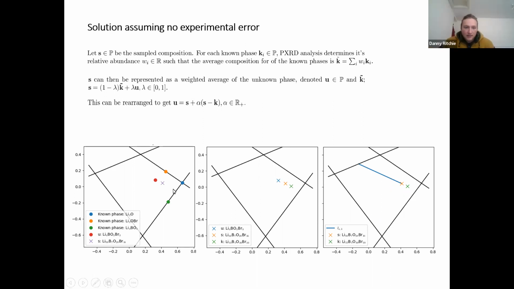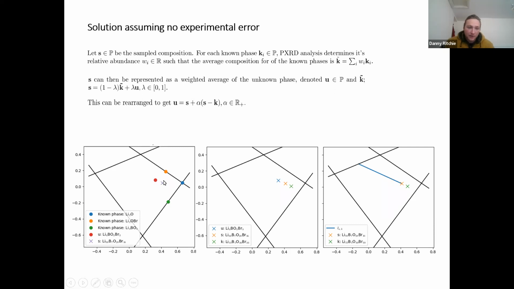So with PXRD, the red dot was assumed to be the unknown phase. PXRD identified that there was a red dot there, but didn't know its composition and didn't know its relative abundance to anything else. So the task is to find where the red dot is.